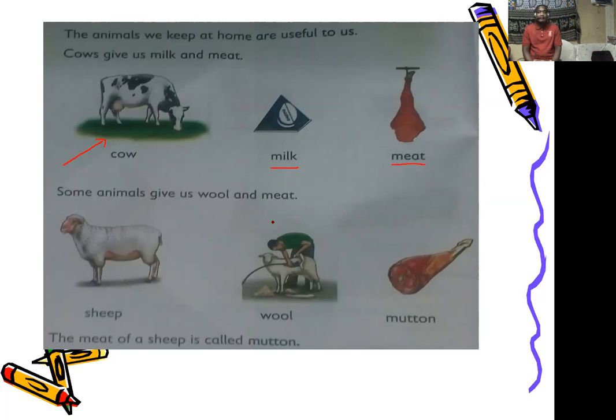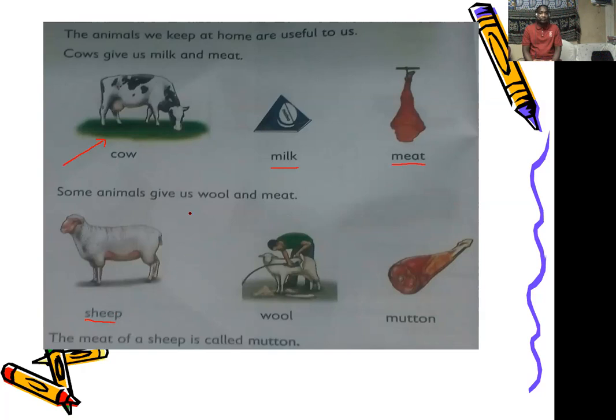and meat. Some animals give us wool and meat. Example, we have sheep. If you look at the picture, that is a sheep.